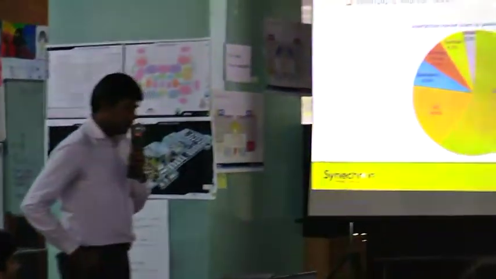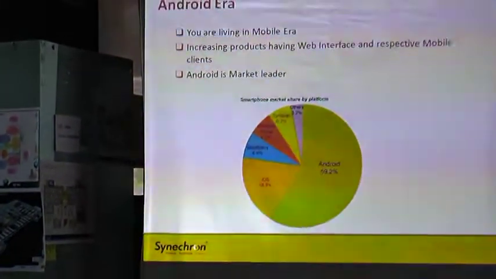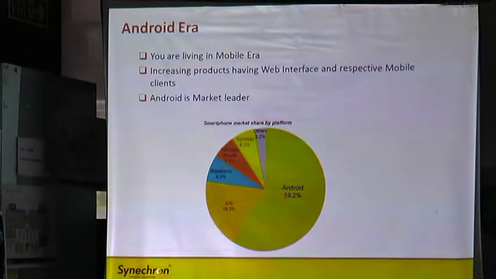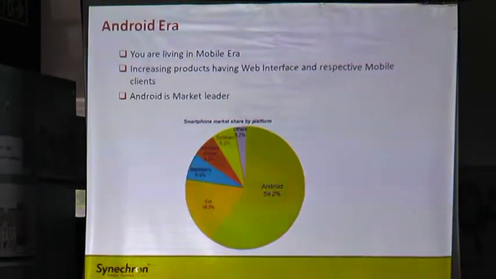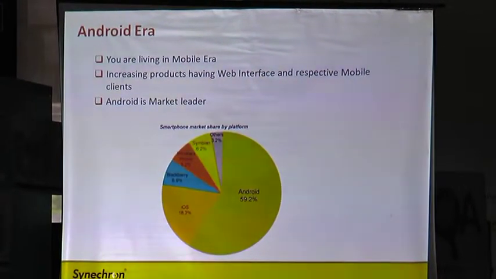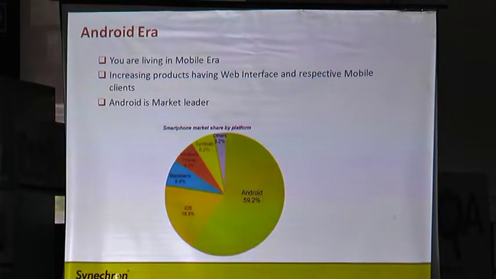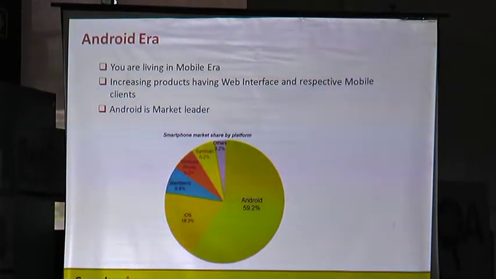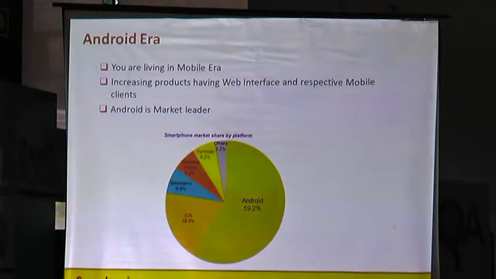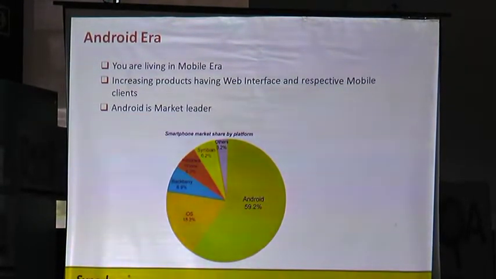As you know, we are living in the mobile era. Every one of you has a mobile phone and most of you have smartphones. Because of that, many companies are releasing mobile app versions apart from the web portal. Earlier, to book a ticket or do a bank transaction, you used the web portal, but now you can do all those things on your mobile phone.